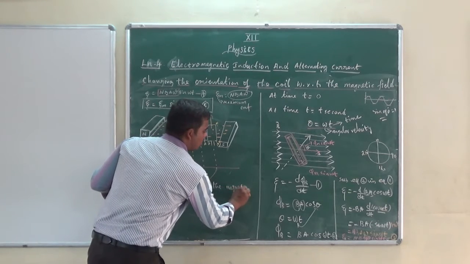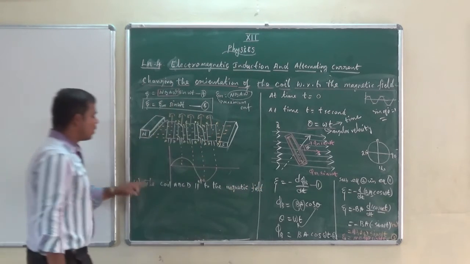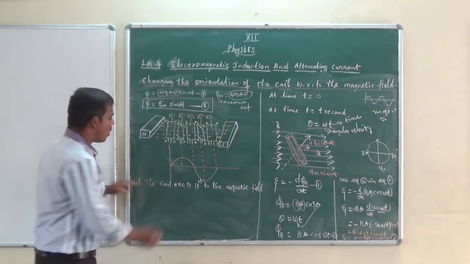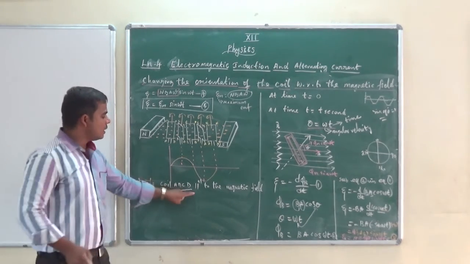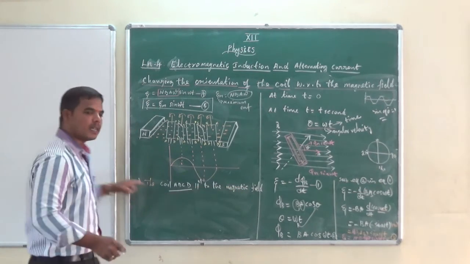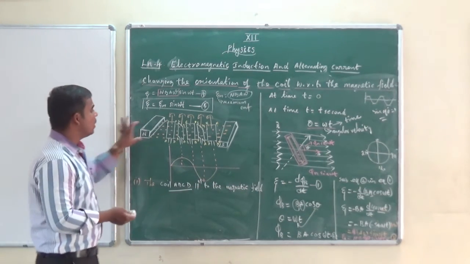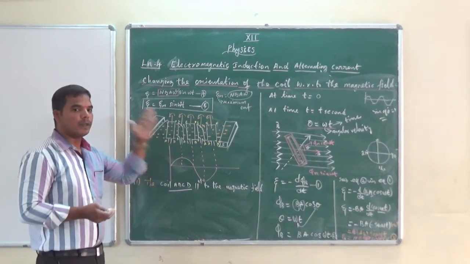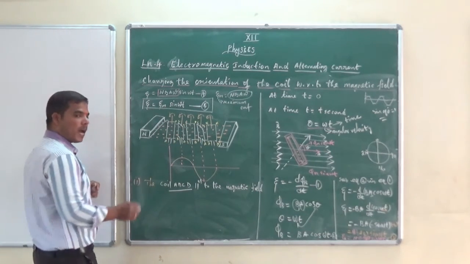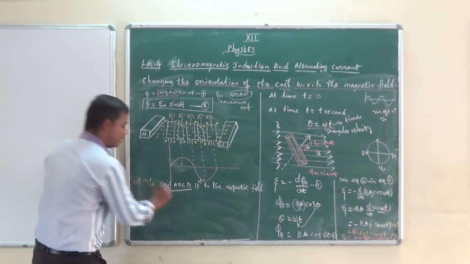Whether parallel or perpendicular, the magnetic flux area changes. So initially the coil is parallel, and omega t is 0 degree.